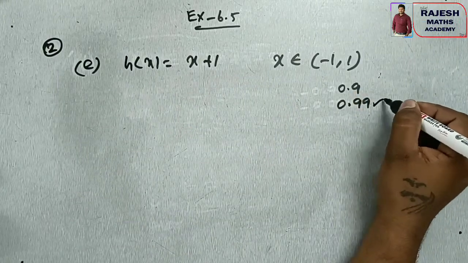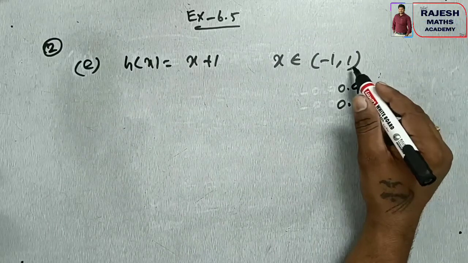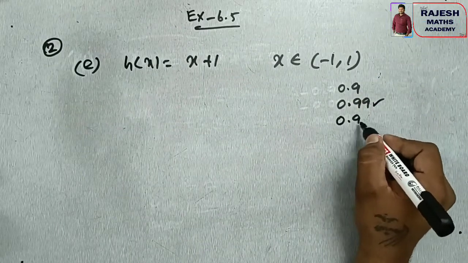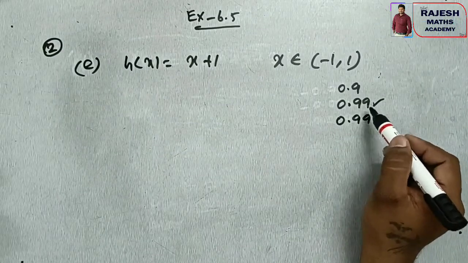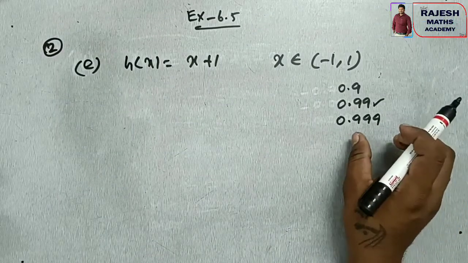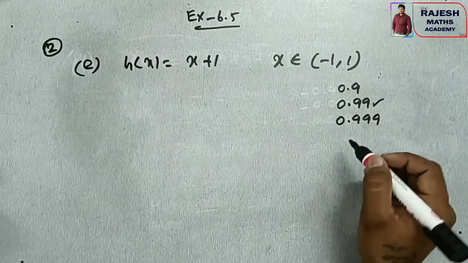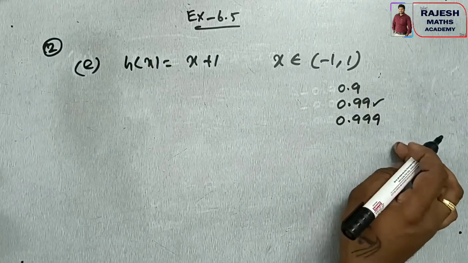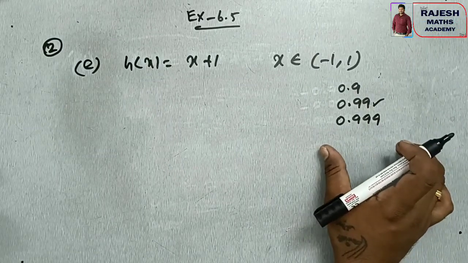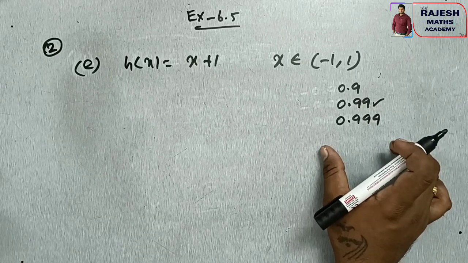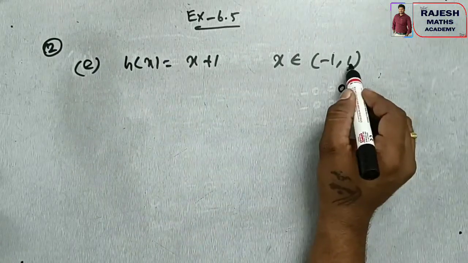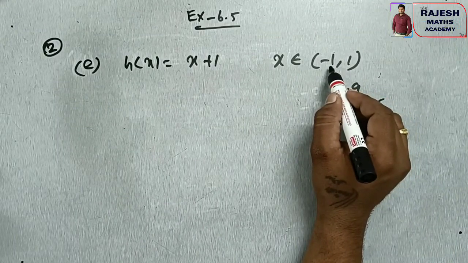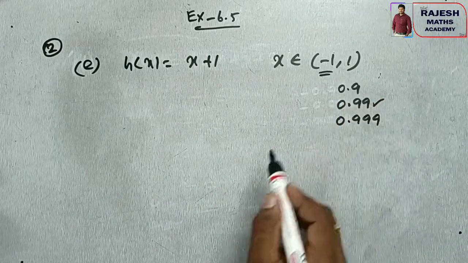And 0.999 is nearer still compared with that point. Similarly, I can keep finding points nearer to 1, such as 0.999 and so on, but I cannot identify that point exactly. So we can say that there is no maximum value for this function in this interval. Similarly, I cannot find the minimum value in this interval.